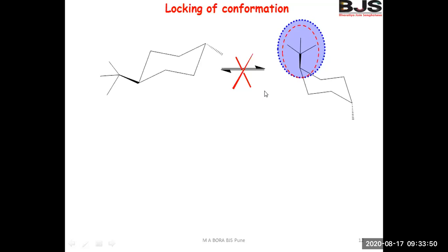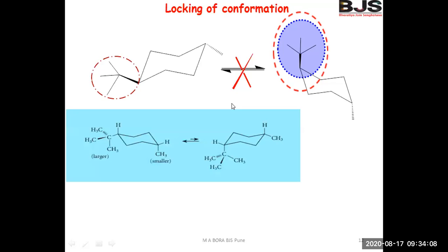And as we know, whenever you have any axial bond, it makes the molecule highly unstable because of butane-gauche interactions. And it is observed that whenever a bulky group like tertiary butyl group is in the axial position, at that time the molecule becomes highly unstable and therefore the flipping of the molecule is hindered.